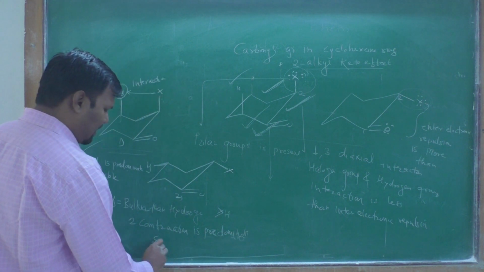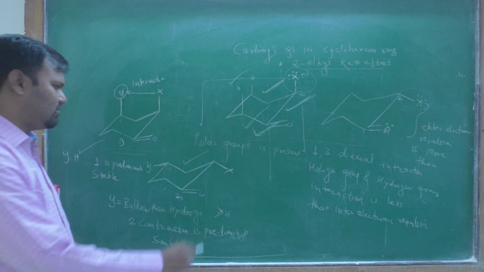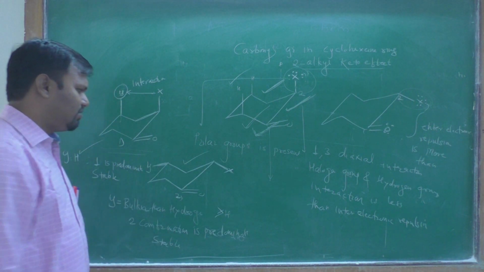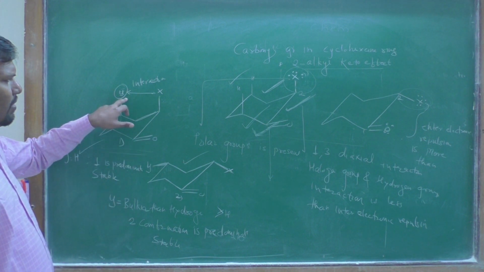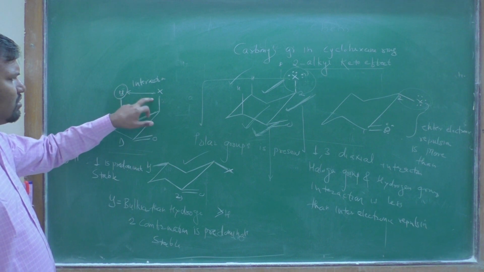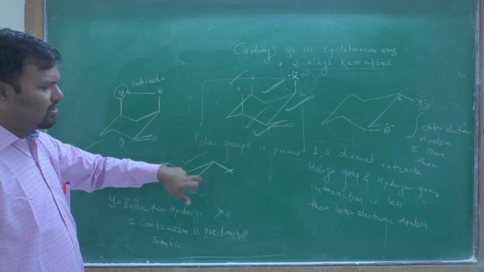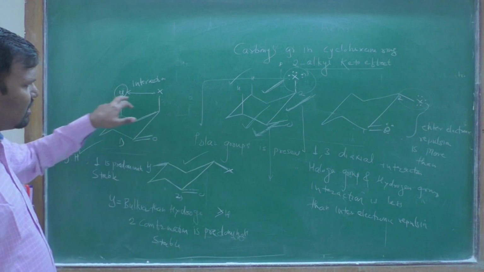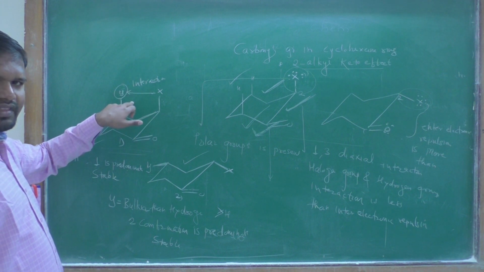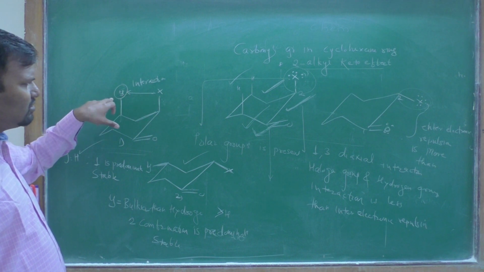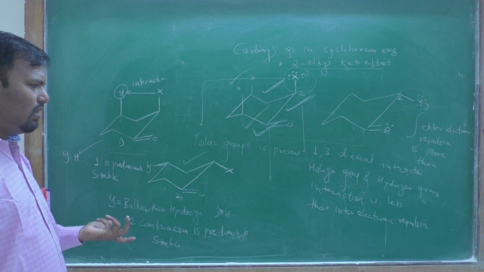and the stable one, and it prefers the conformation where X and Y are maximally away from each other. And if Y is only hydrogen, then it prefers this conformation, because this interaction, the 1,3 diaxial interaction of the halogen with the hydrogen, is less than the 1,2 equatorial repulsion.